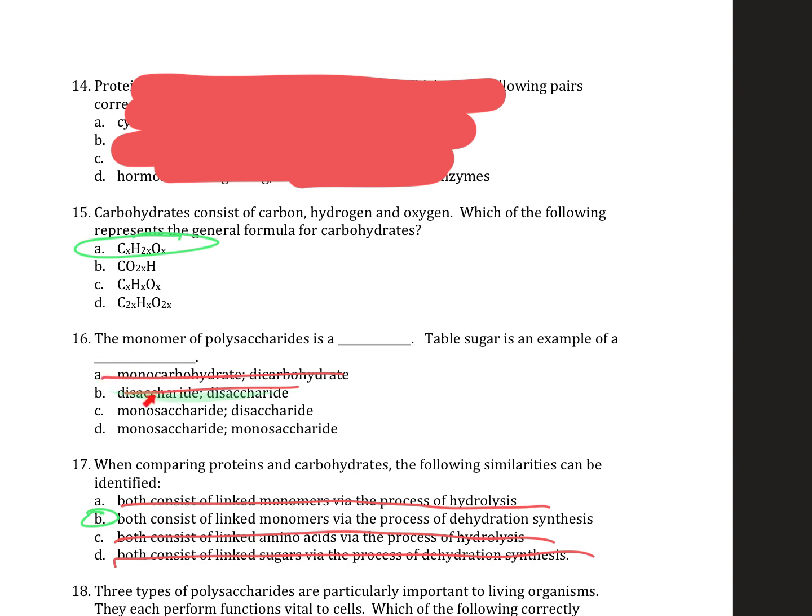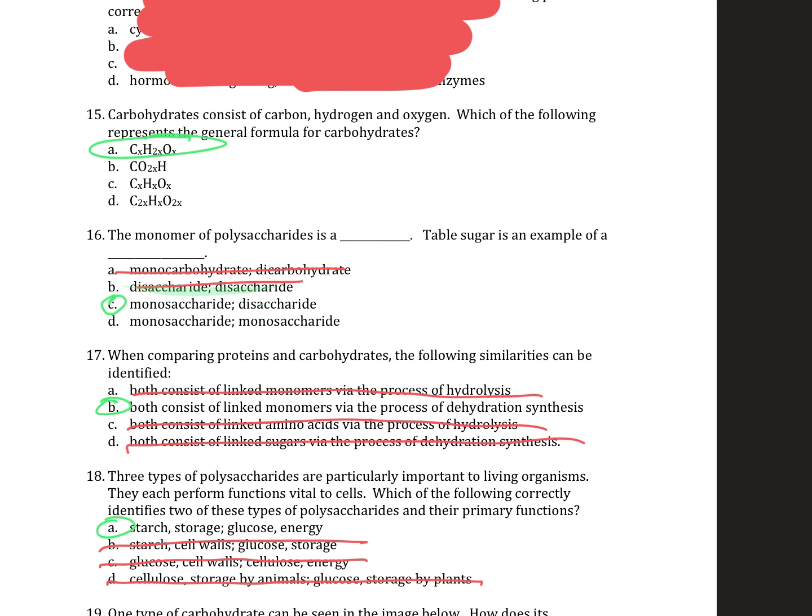So it's either C or D. But it says table sugar. We went over numerous times that a disaccharide is what table sugar is, which is something called sucrose. So the answer is in fact C, yes.